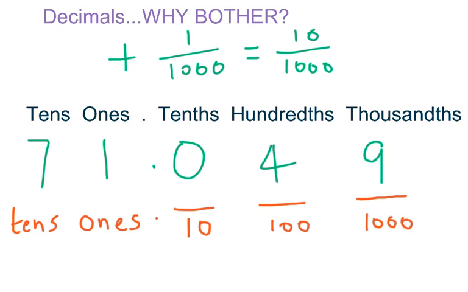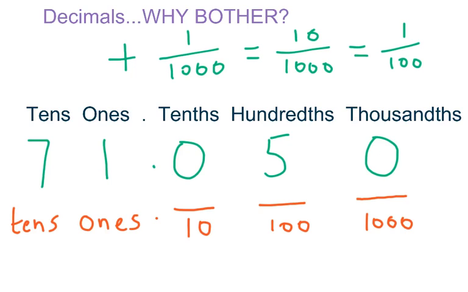If I convert 10 thousandths into the equivalent fraction that it actually is, it will create 1/100th. 1/100th added to 71.049 would become 71.05, but it won't be 9 anymore because I've used those 9 thousandths in the adding. It'll become 0 in that position, because I've done 9 thousandths plus 1 thousandth equals 1 hundredth and added that into my hundredths column.